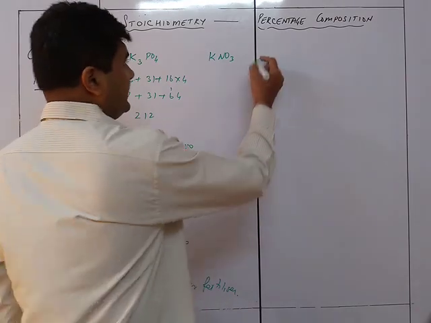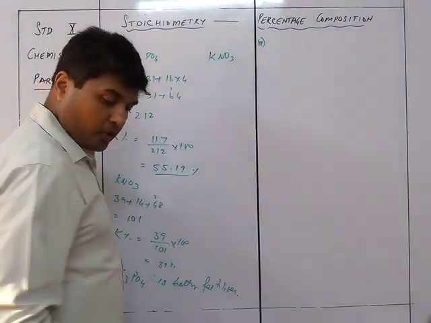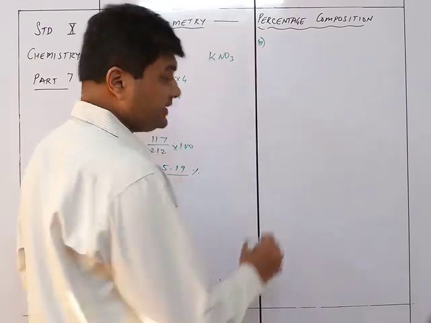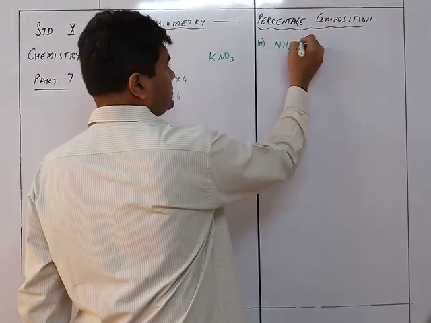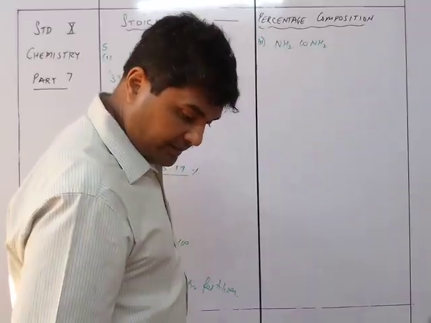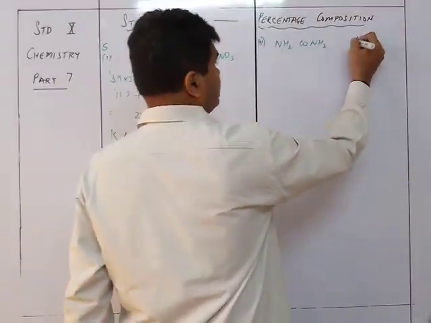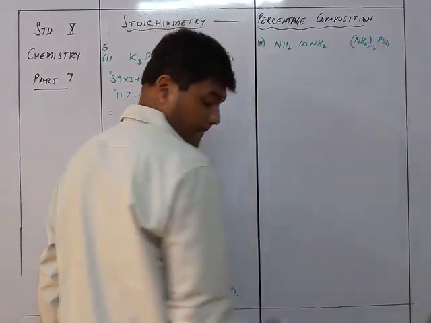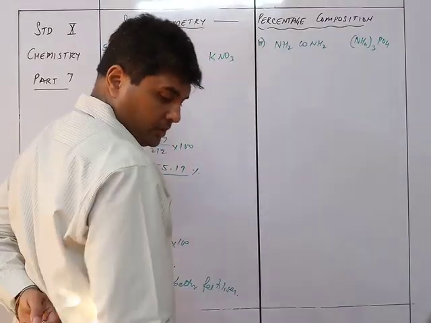The next part is about urea and ammonium phosphate, that is NH2CONH2, and the other is (NH4)3PO4.